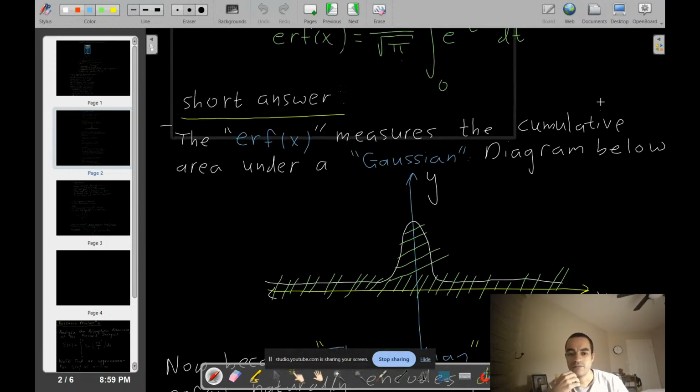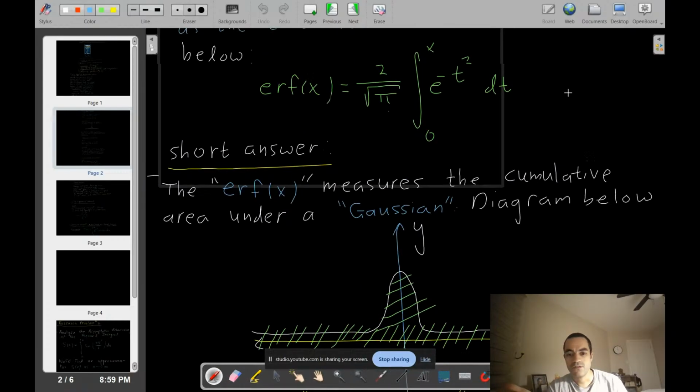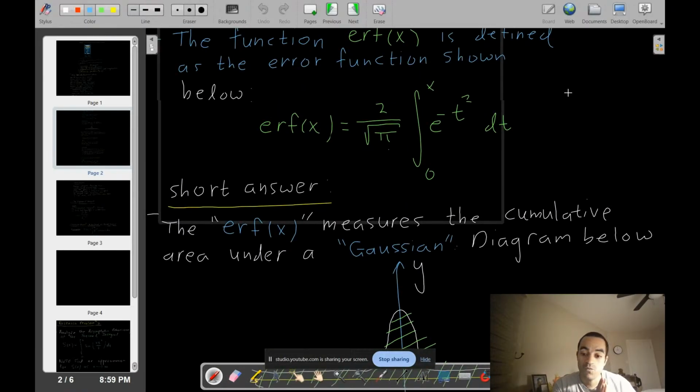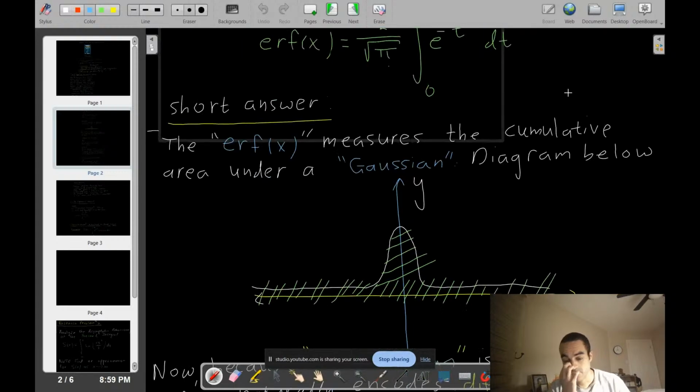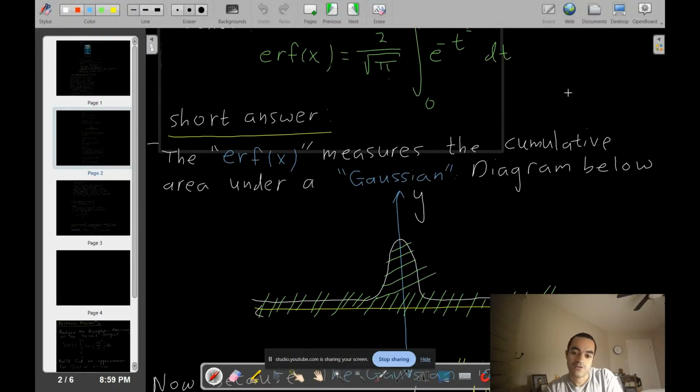I'm giving you an explanation of what the error function measures, just like the simulation I showed you. As shown there, the error function measures the cumulative area under a Gaussian, if that makes sense. Here I'm just giving a regular Gaussian bell curve, which looks like that.